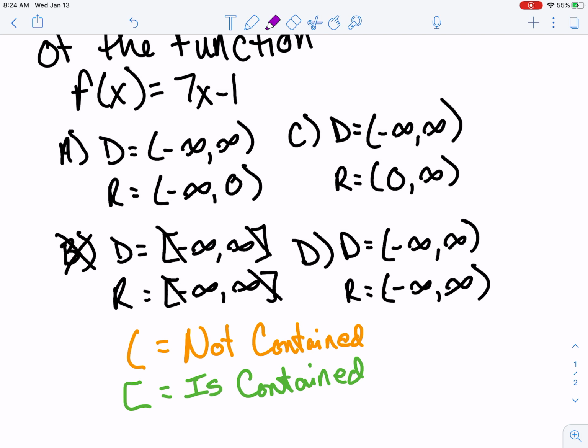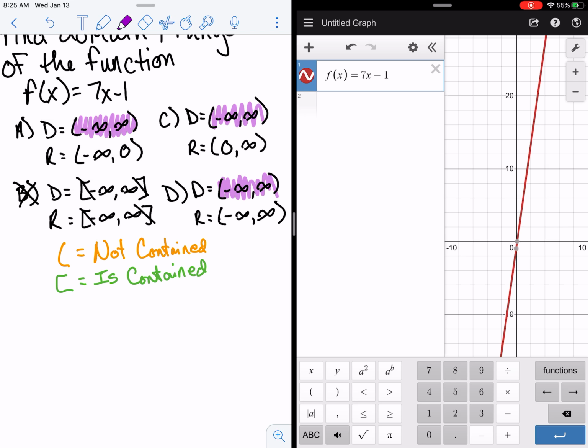Now, a couple people actually sent me their Desmos graph, which is the correct thing to do. If you're ever given a function, you can tell a lot more about it by looking at a graph versus an equation.